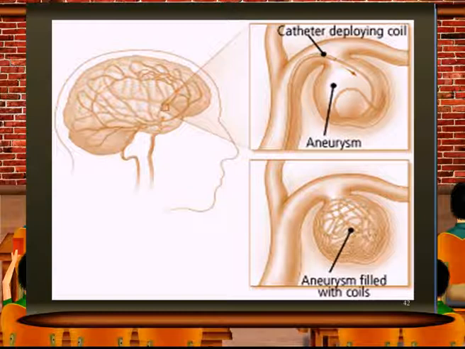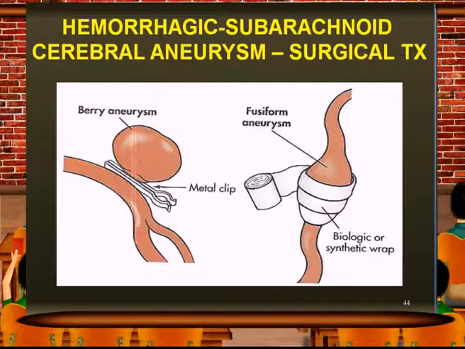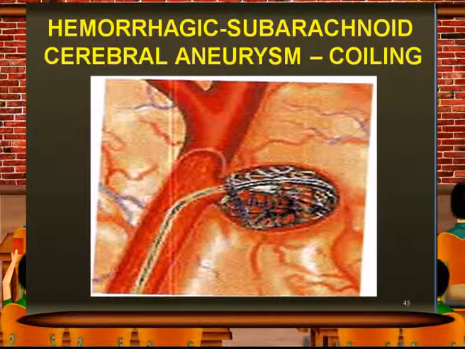Surgical treatment is one of the options in treating this entity, and you can clip the aneurysm and prevent the rebleed. Immediate surgical intervention is required. This is another berry aneurysm where you are putting a clip, and this is another picture suggestive of the same.